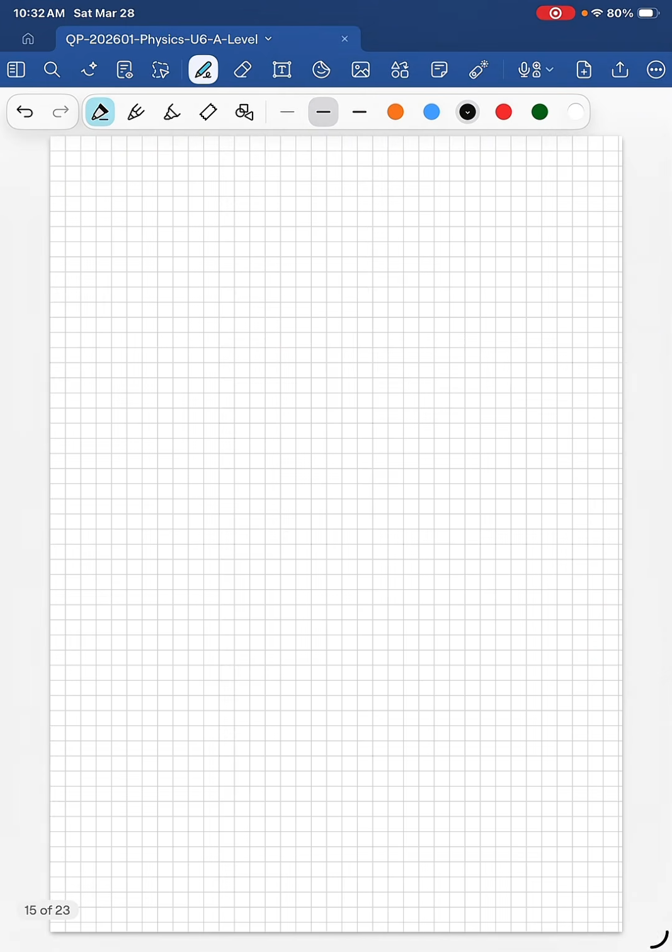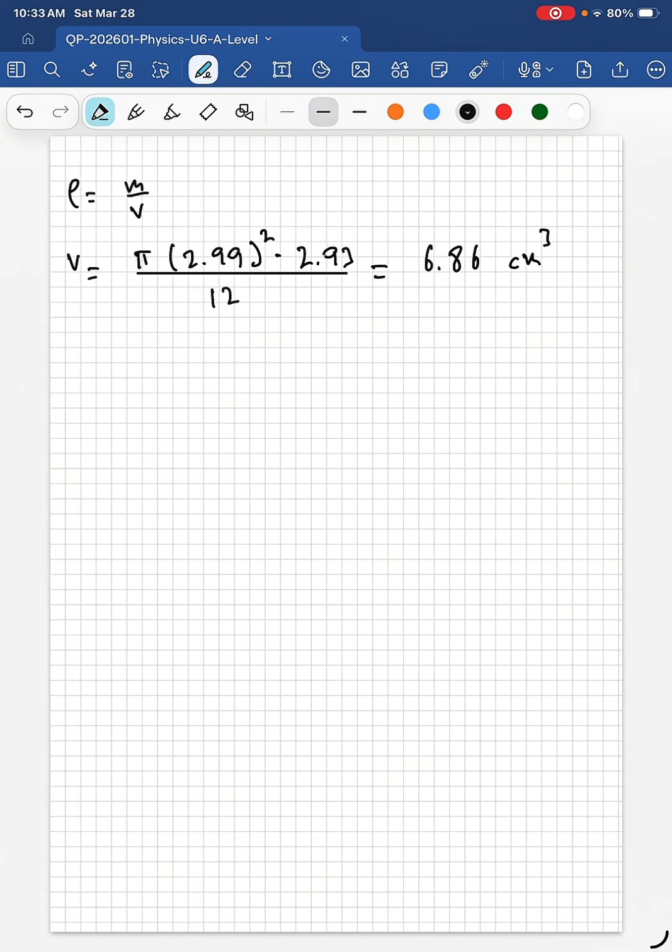Okay, and we have the height, we have the mass, so I'm going to use a clean page to calculate the density. So rho is just m over v, right? The volume for the cone is pi times d squared, 2.99 squared times the height, 2.93 over 12, which yields 6.86 cubic centimeters.